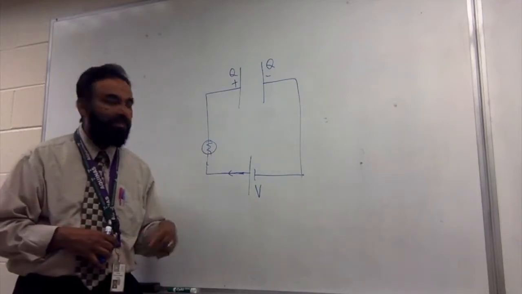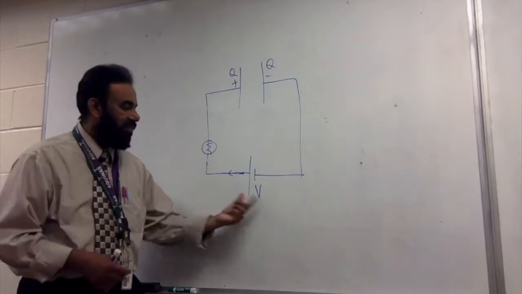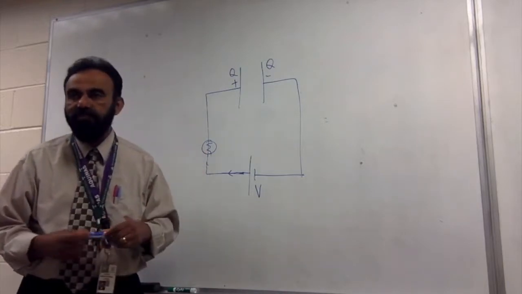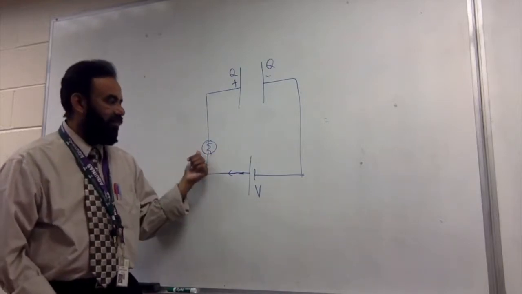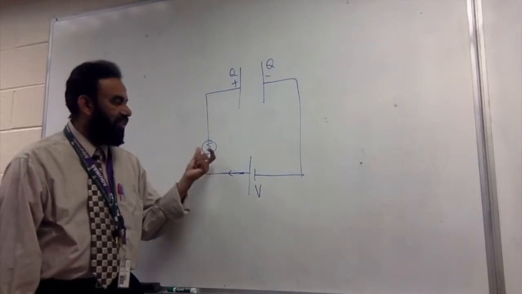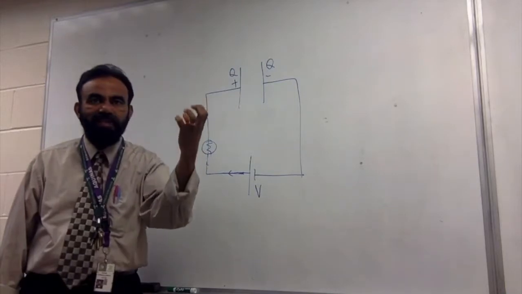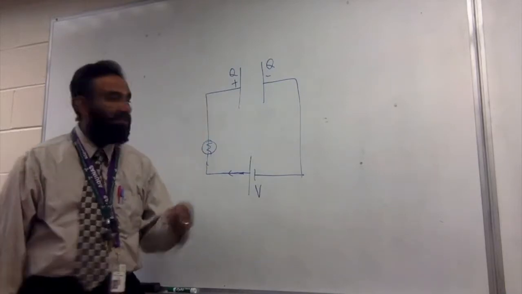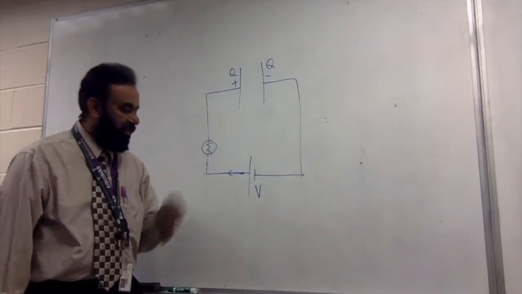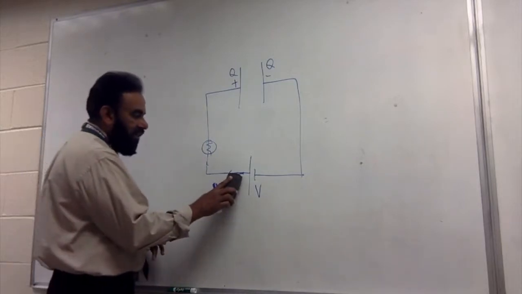If you take a light bulb of 2 volts and put it on 12 volts, that will blow up. So you have to put a light bulb of 12 volts or more. And then you will see the light bulb coming on and going off. Now if you put a resistor, the time it takes for it to go down to 0 intensity will be more. Alright, so understand the charge.